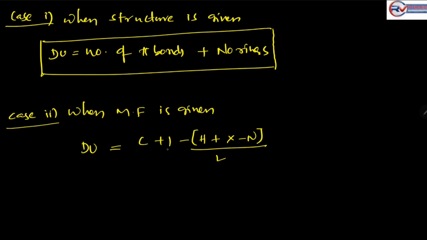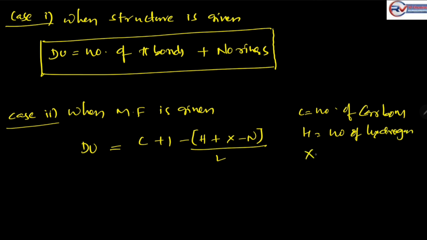In this formula, C is the number of carbons, H is the number of hydrogens, X is the number of halogens, and N is the number of nitrogens.